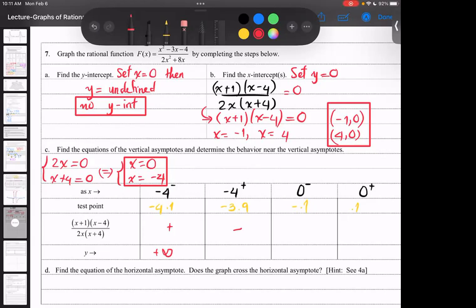Negative, negative become positive. 0.1, positive, negative, so negative, positive, positive, so positive on the bottom together is negative. Negative infinity, positive infinity, negative infinity. You get used to it once you do a lot of it.